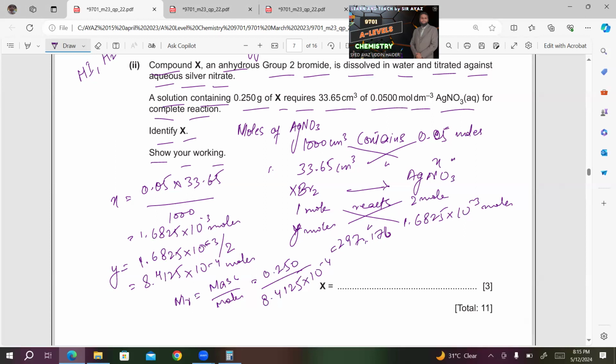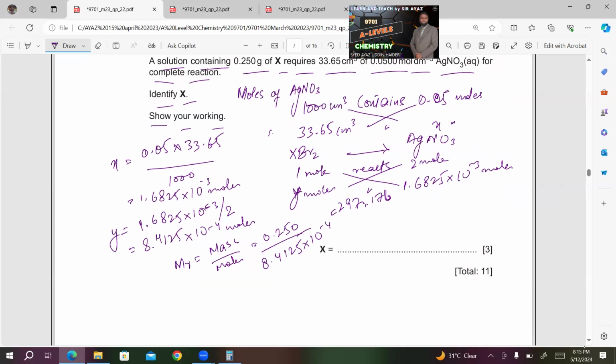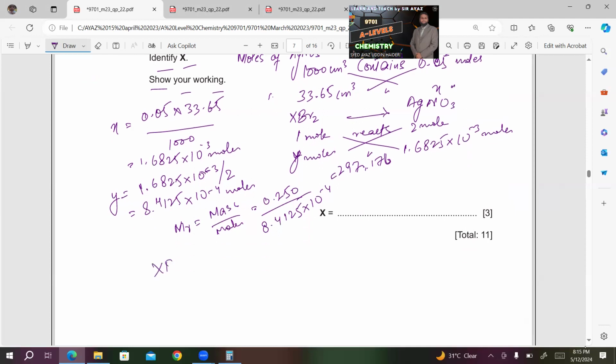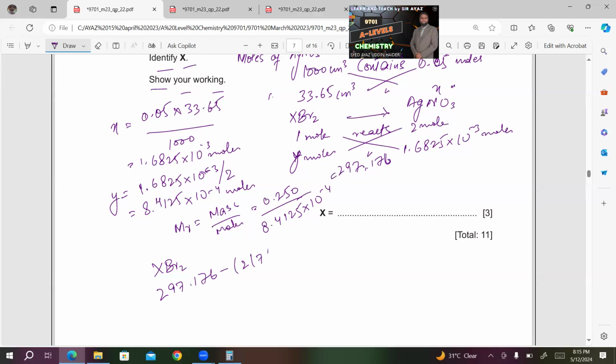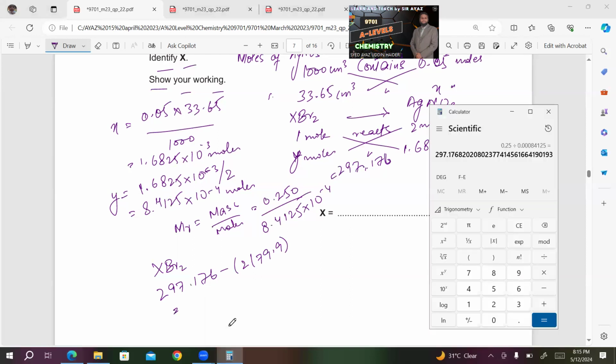So the compound is with Br, which is XBr2. Straight away subtract the mass of Br. So 297.176 minus 2Br. Where is Br? Here is Br. It's 79.9. So 2 multiplied by 79.9, what we will get? 79.9 multiplied by 2, 159.8.